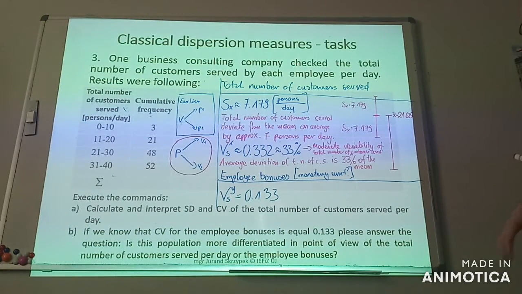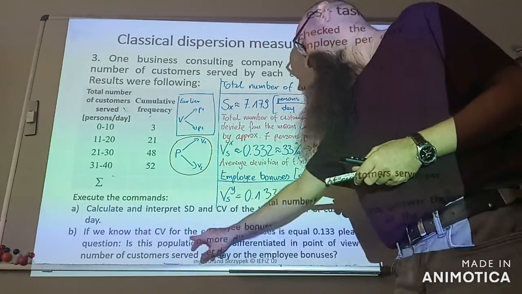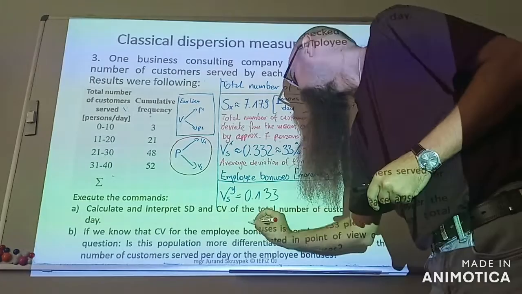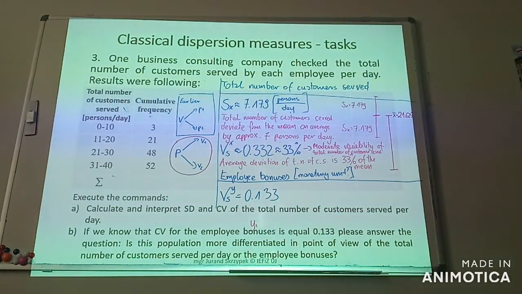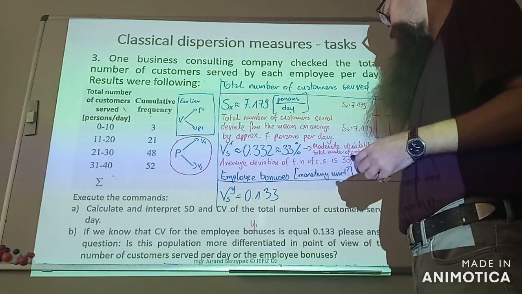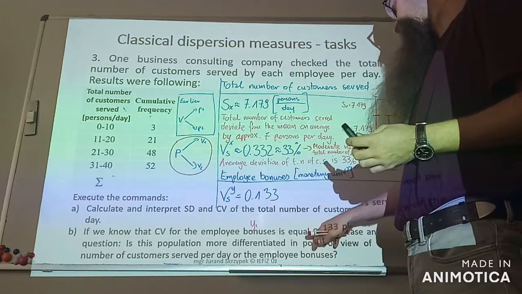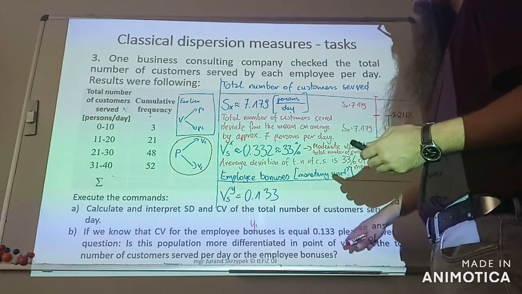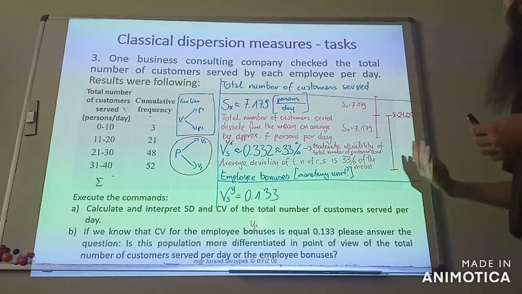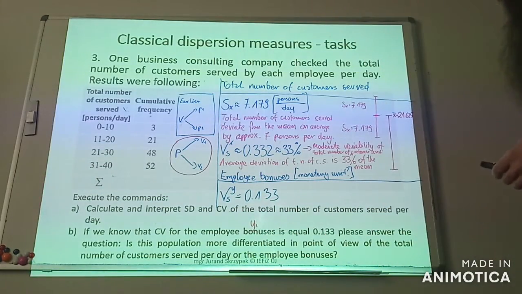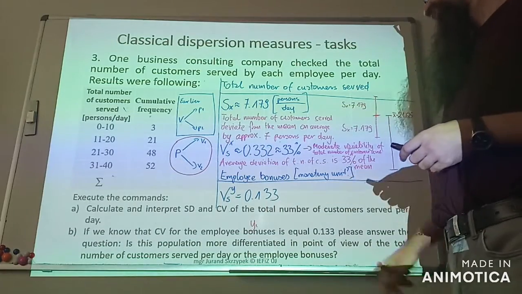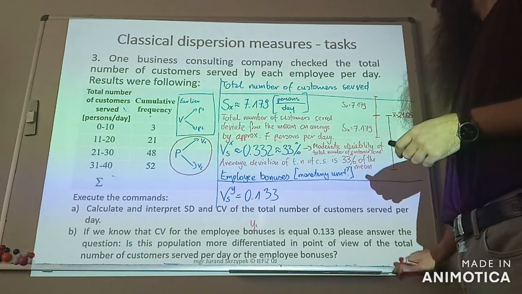Okay. And finally, we have point B. If we know that the coefficient of variation for the employee bonuses, let's use here the symbol of the variable Y, the coefficient of variation of the values of this variable is equal to 0.133. Please answer the question.